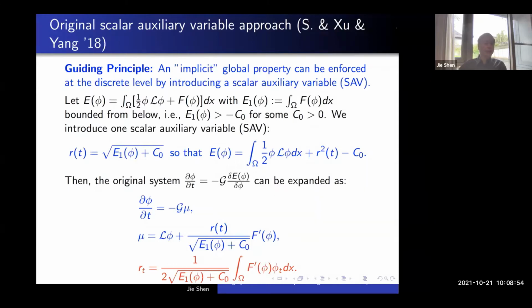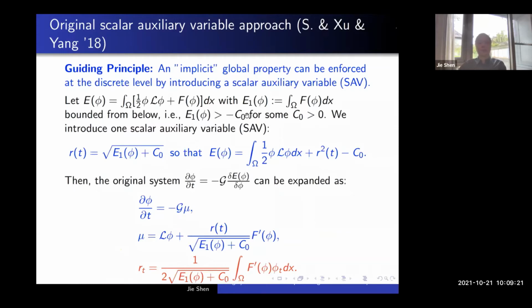It can take any form. You only need to set apart a quadratic form as the first term, and you denote the integration of the second part as E1, and you assume this E1(phi) is bounded from below, because this is a free energy.